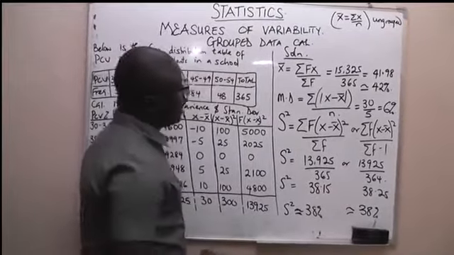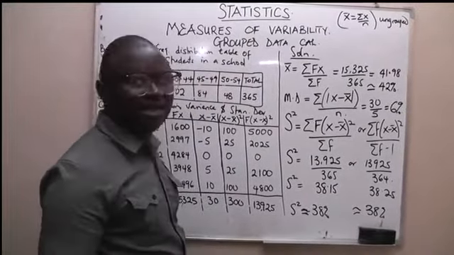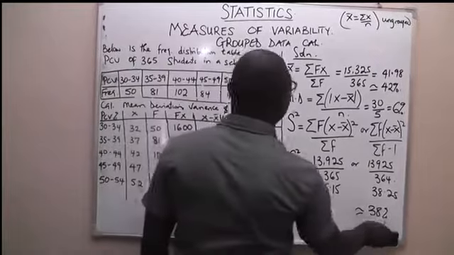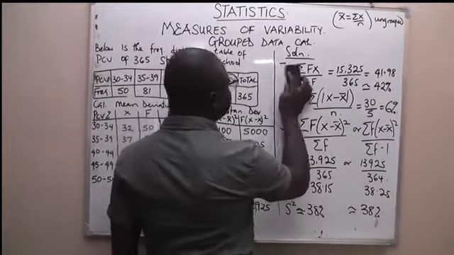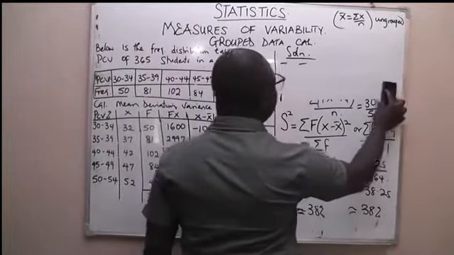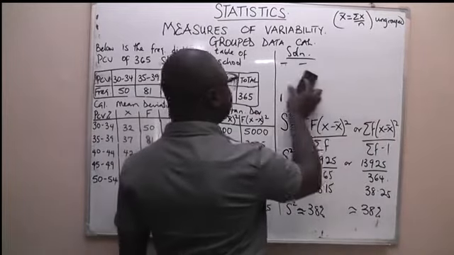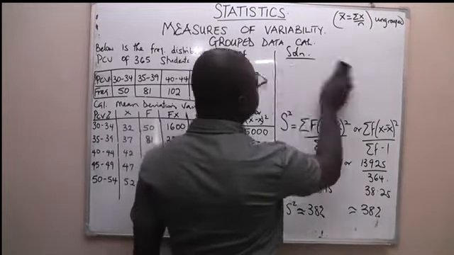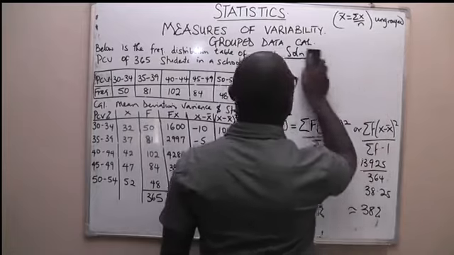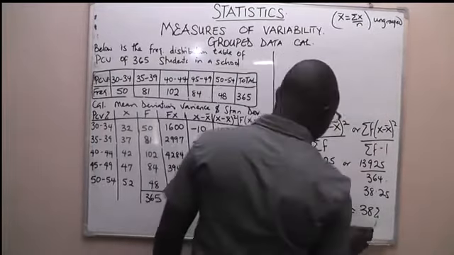Alright, now let's go ahead to calculate standard deviation. For standard deviation, as I said earlier on, the difference between variance and standard deviation is just the square root sign. Alright, that's just the difference between the two.